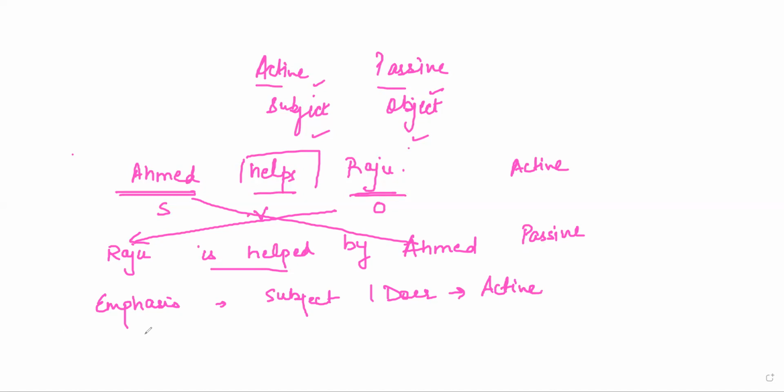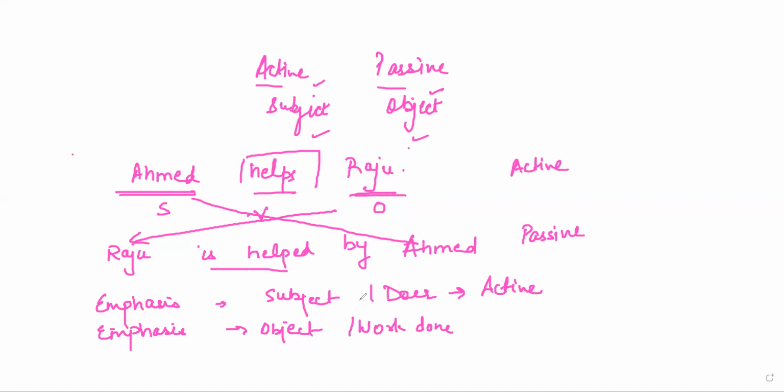However, when it is in passive voice, when the subject is acted upon, okay, when the subject is being acted upon, or in other words, what I can say is when the emphasis is on the object. Okay, so when the main emphasis is on the object, or what you can say is on the work done, then you say that this verb is in passive voice.